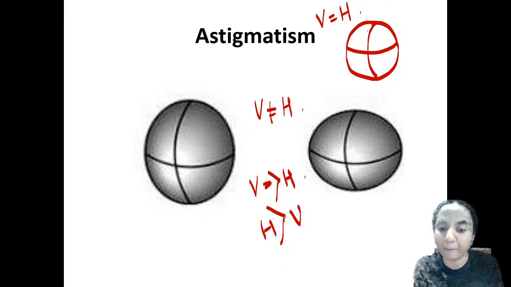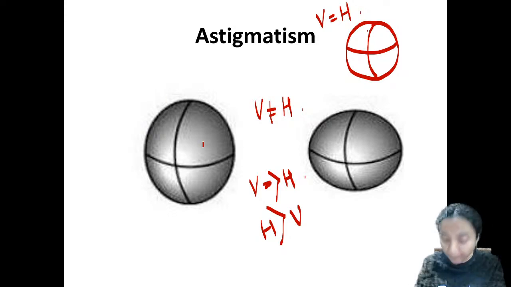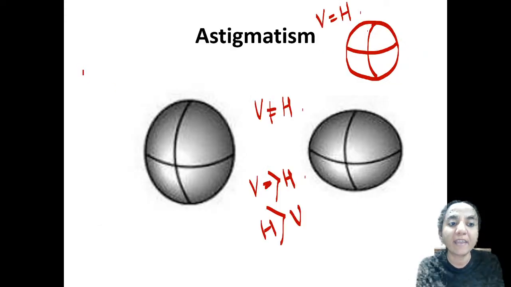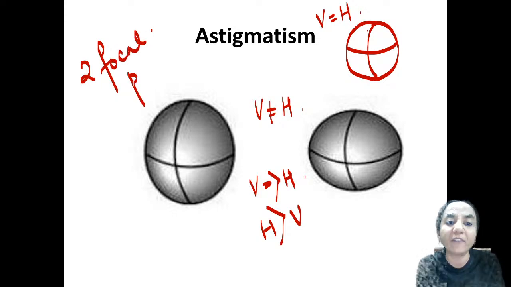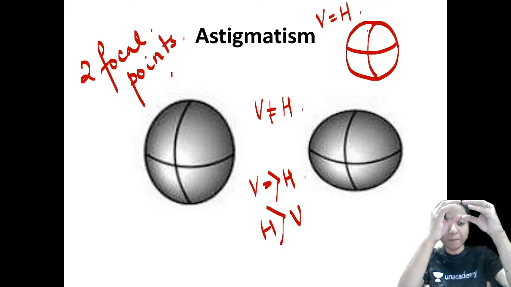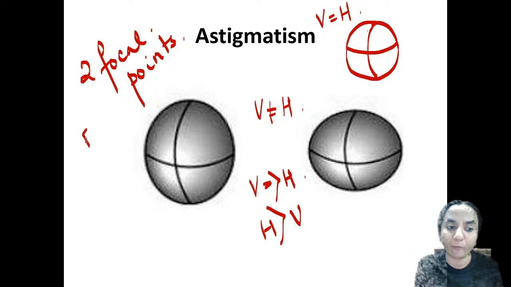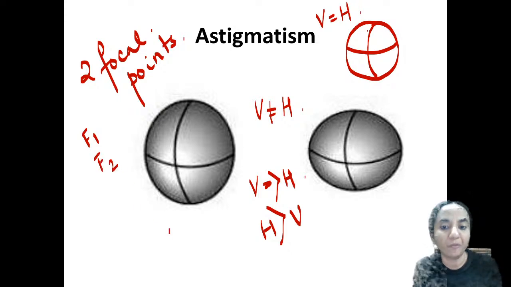Now, when this happens, the rays of light passing through the eye, instead of meeting at a single focus, will have two focal points. So one set of rays will meet at one point, let us name it F1, and the other set of rays will meet at F2, that is another focal point.